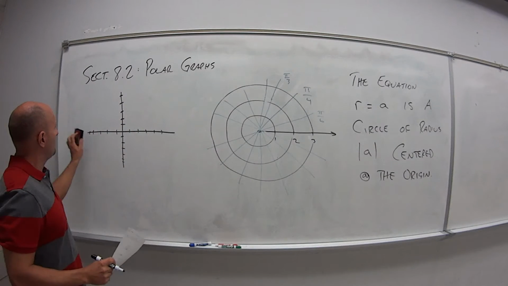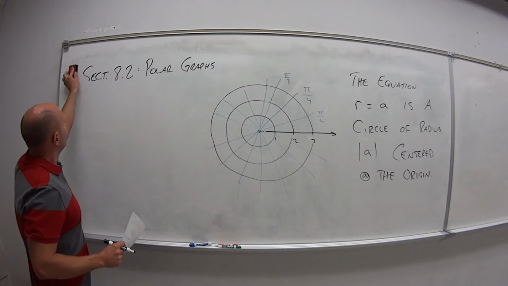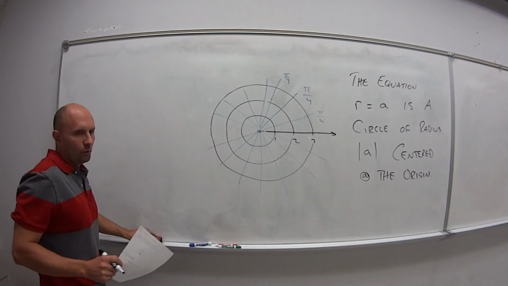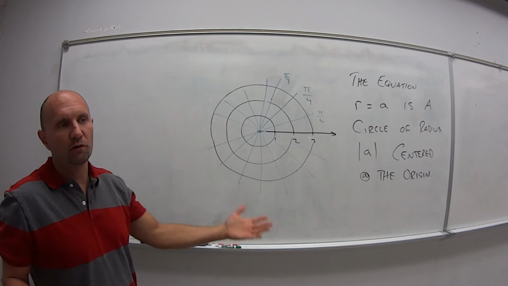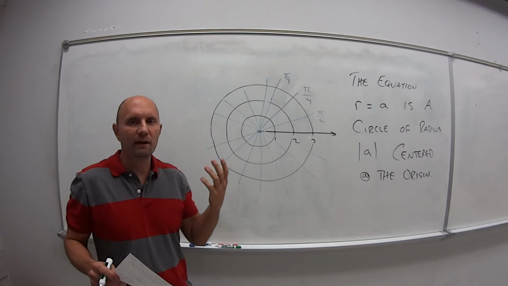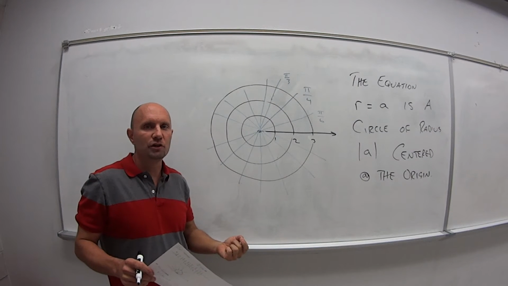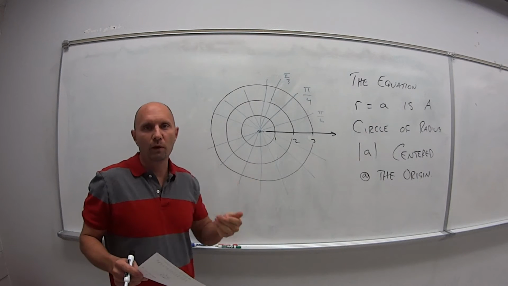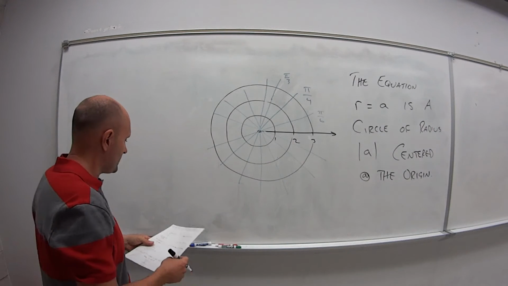So for example, in the past, our equation for a circle would have been like x squared plus y squared equals 9. So that told us that it's a circle centered at the origin, and then the radius is the square root of 9, or equal to 3.